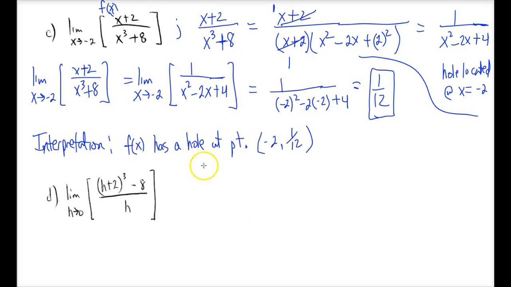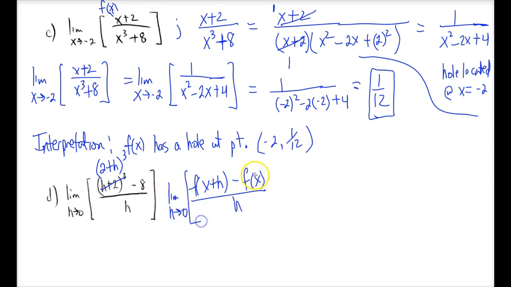If I rewrote this as 2 plus h raised to the 3, then what I'm actually doing here is saying, what is the limit of the difference quotient of some function, where the function itself is x cubed, and the x value that I want to find the derivative at is 2. So that's literally what this is doing.